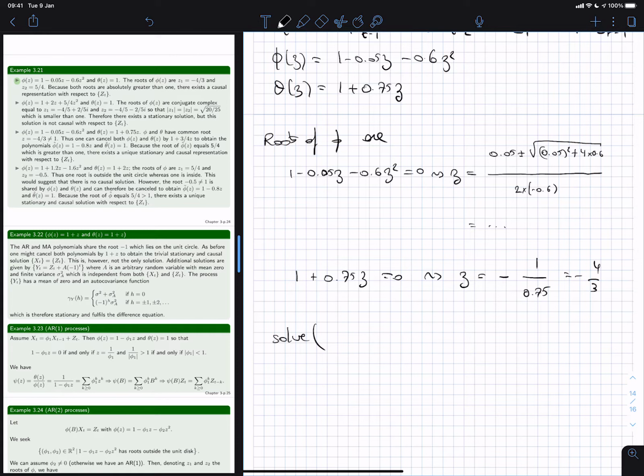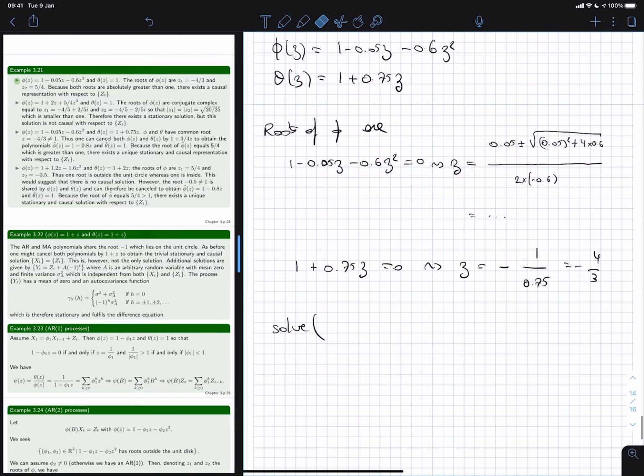And then my next one is 1, minus 0.05, minus 0.6, and these are my roots. So here my roots are equal to minus 4/3 and 1.25. So that's 5/4.